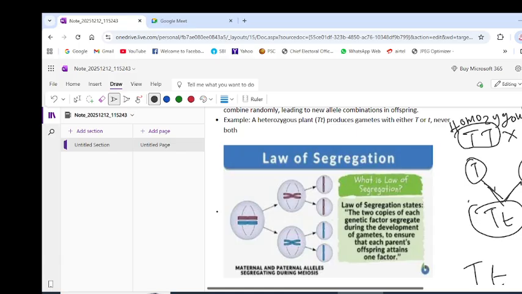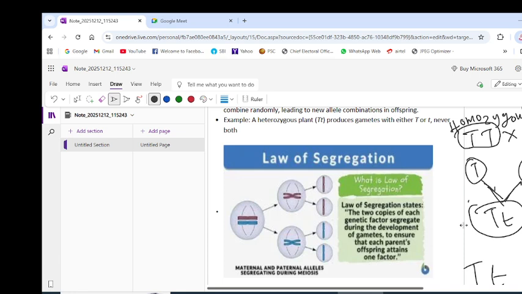Both alleles never come together during gamete formation. Only one allele comes from each of the two parents, the capital T and the small t. They will not come together.